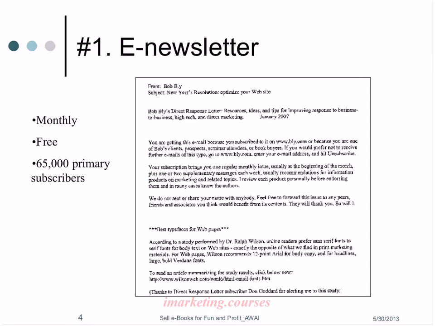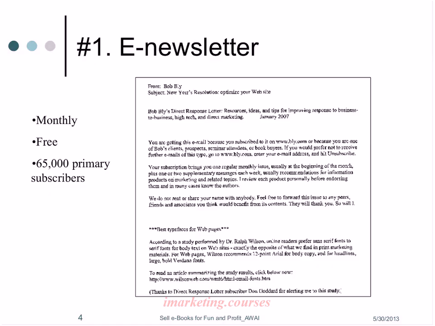Number 1, you need an e-newsletter. Some of you on the call may get my e-newsletter, others may not. All of you on the call get AWAI e-newsletters, so you're familiar with the concept. And an e-newsletter is just what the name implies, it's a newsletter, but E means it's online, there's no paper newsletter, and it goes out to subscribers who are on a list.